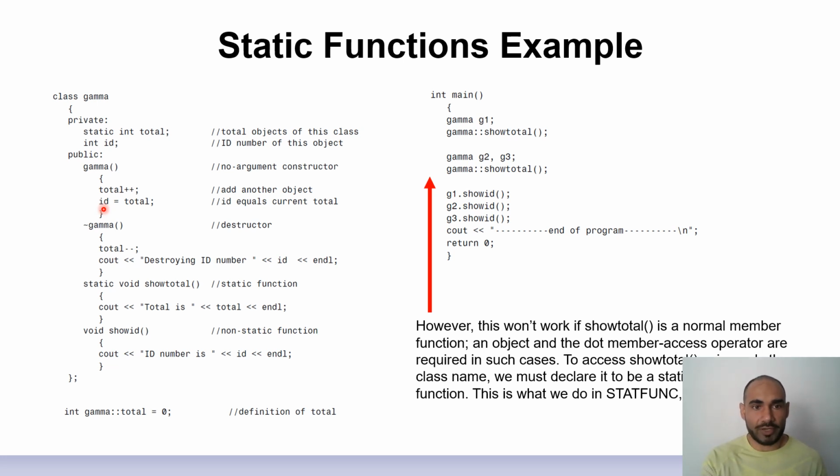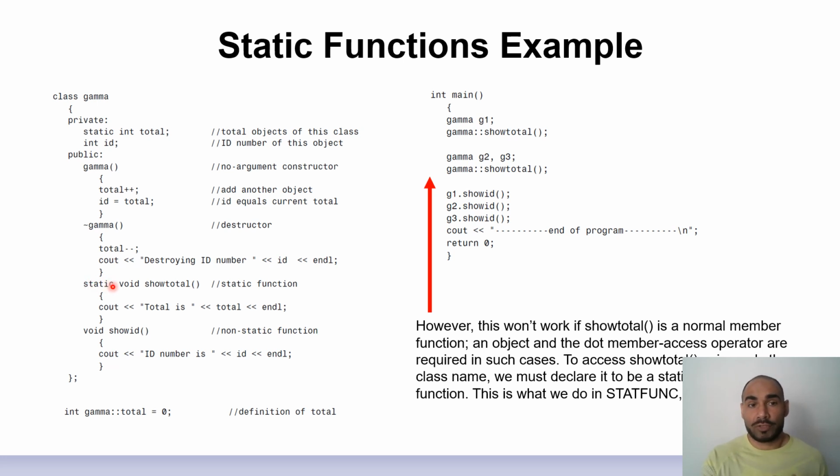All right, that's great. The interesting thing here to note is that we also have this static member function called show total. We haven't seen any member function yet which had this static keyword here.